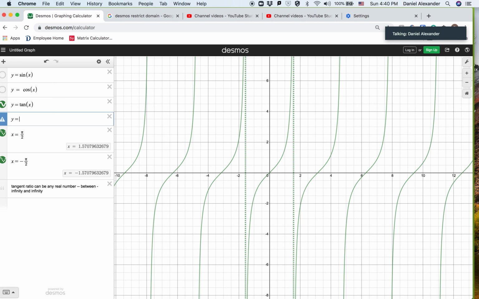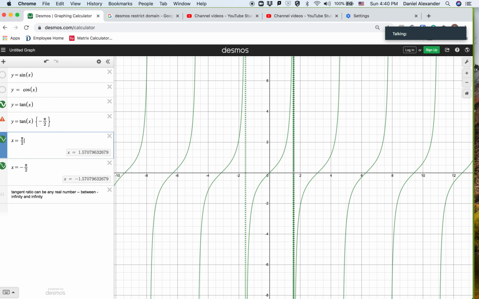So we're going to do the tangent function, and we're going to go between minus pi over 2 and pi over 2. So minus pi over 2, less than or equal to x, and less than or equal to pi over 2.